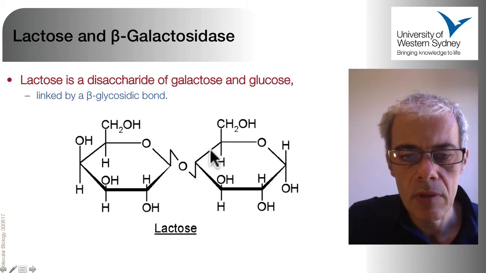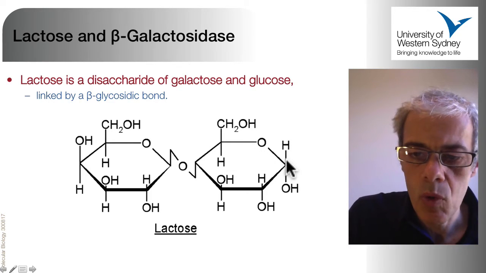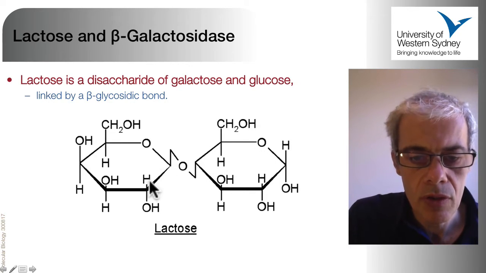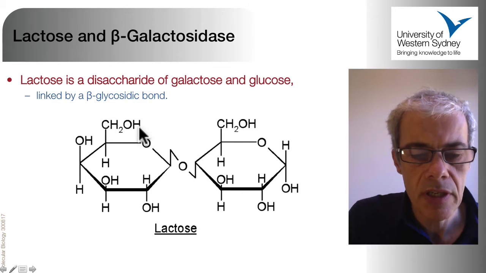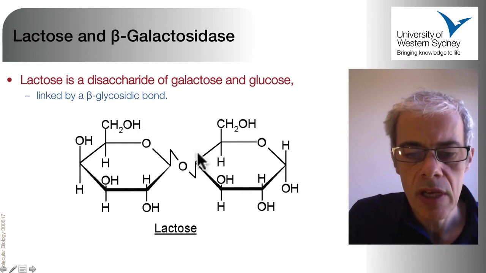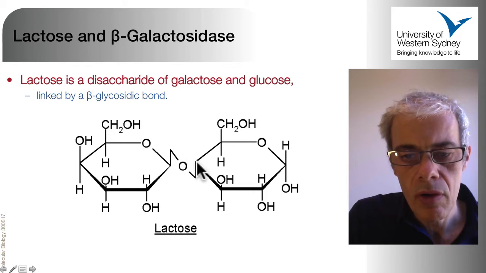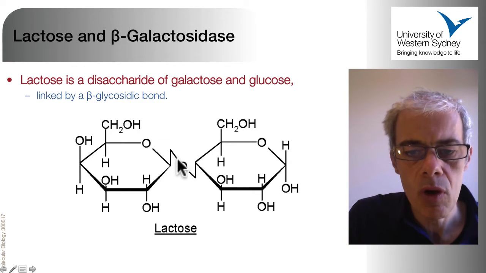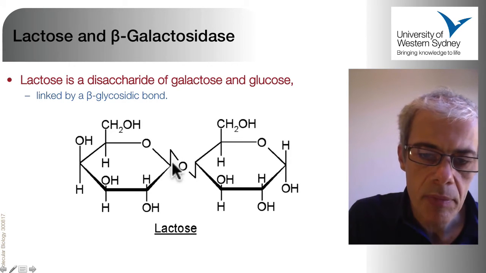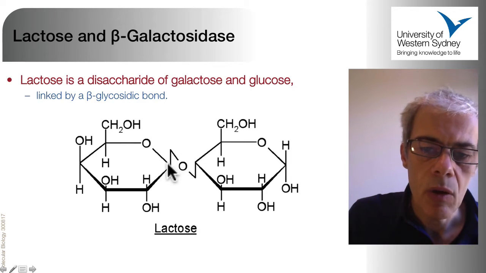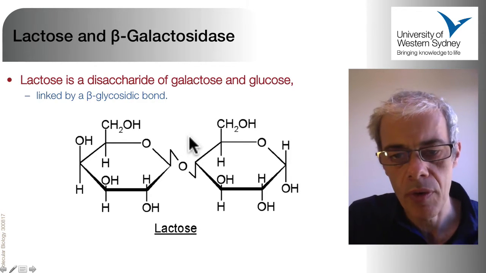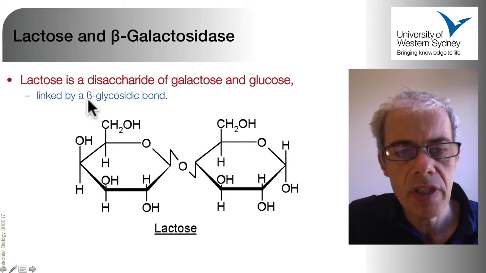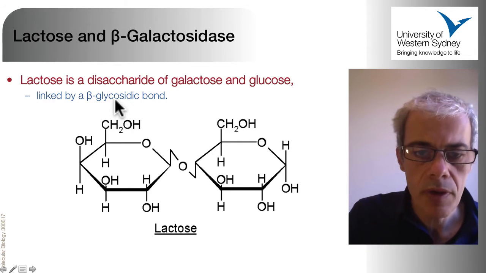And if you remember the numbering of sugars, we go 1, 2, 3, 4, 1, 2, 3, 4, 5, 6. So we've got two 6-carbon sugars, and they're joined at a 1,4 position. So this is a 1,4 beta glycosidic bond because it's in the beta position. So two sugars joined together by a glycosidic bond.